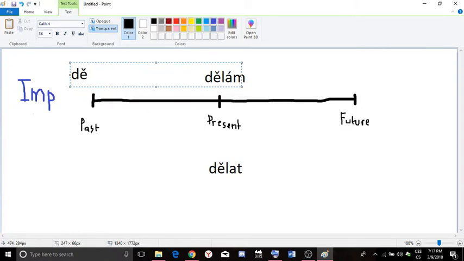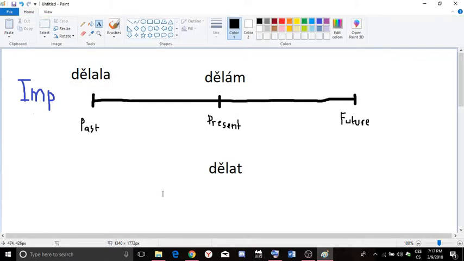So já jsem dělala. So this means jsem dělala něco. There are various scenarios you could use this, but the primary scenario simply means that at some point in the past I was in the action of doing it.